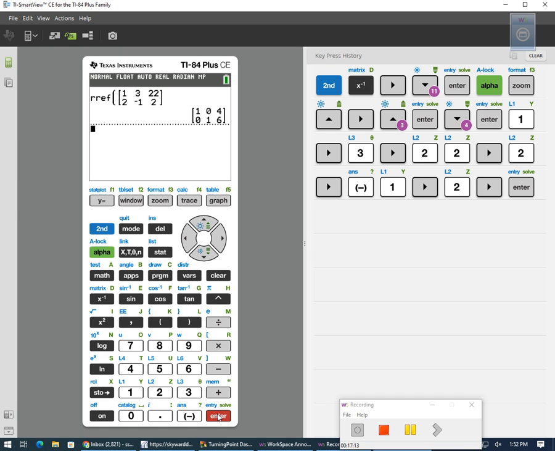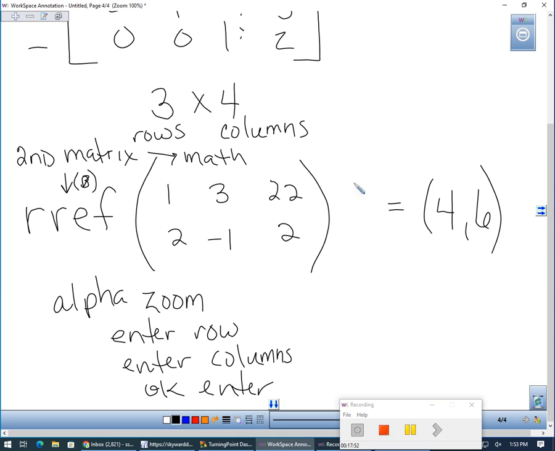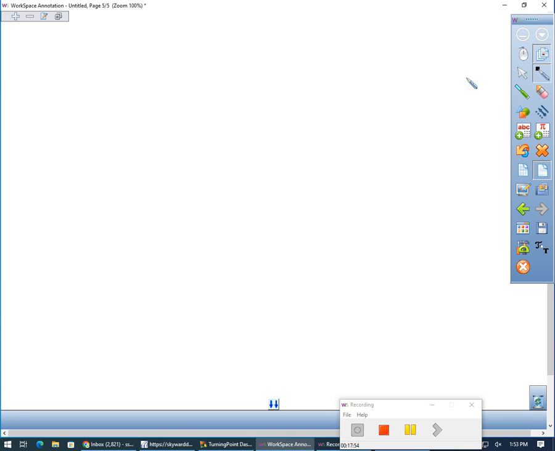Okay, so we're going to try it with a bigger one. All right, you guys ready? All right, so let me shrink this, try and get my other screen up real quick. So here we go.